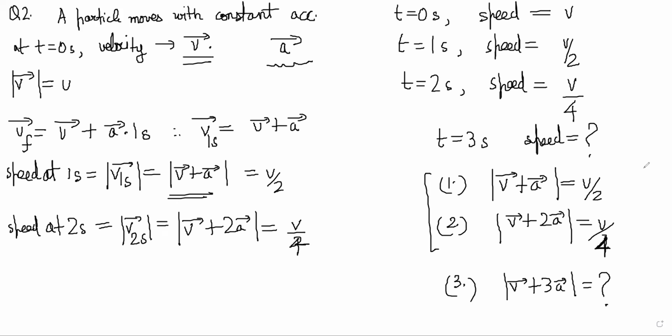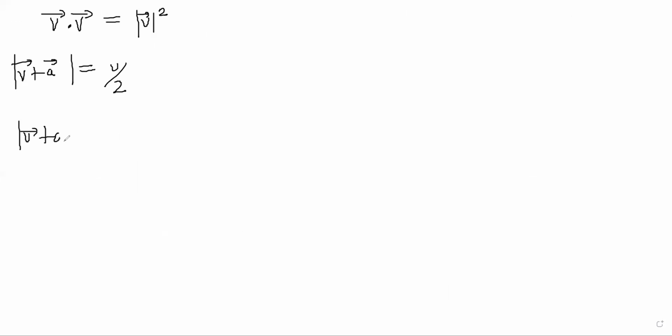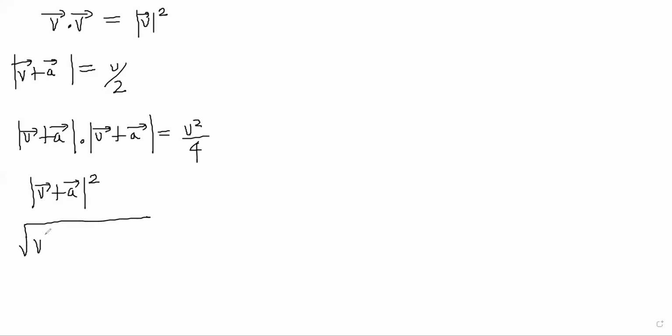So how do you solve these two equations to find out this thing? Actually this is just an operation on vectors, so you need to be comfortable with that. What I will suggest is if you have v dot v, remember that that is equal to mod v whole square. So if I have equations like mod of v plus a is equal to v by 2, I can just take v plus a dot v plus a, which is equal to v square by 4, which is equal to mod of v plus a whole square, and that will be equal to the dot product of these two vectors.